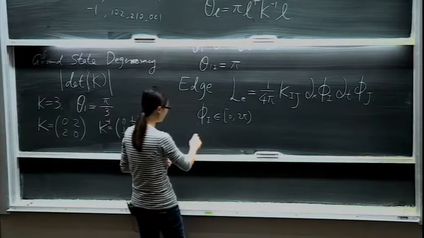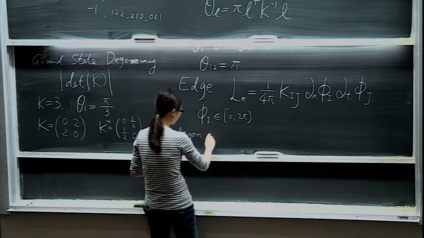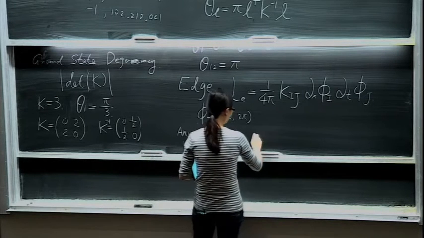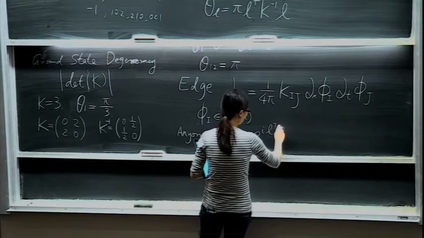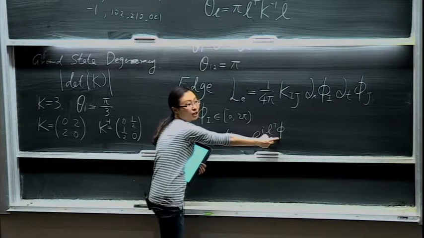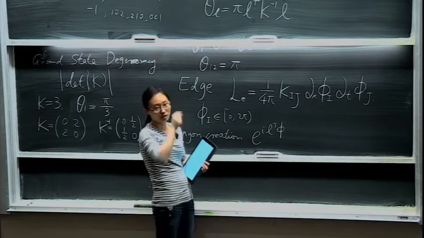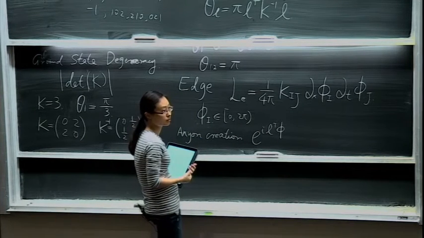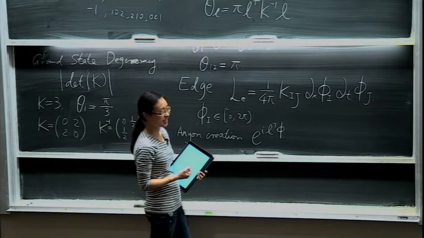So the anyon creation operator is given by e to the i L transpose times phi. Of course, here phi is a vector of all the p fields, and L is another p-dimensional vector, and we take the dot product between the two. On the edge.